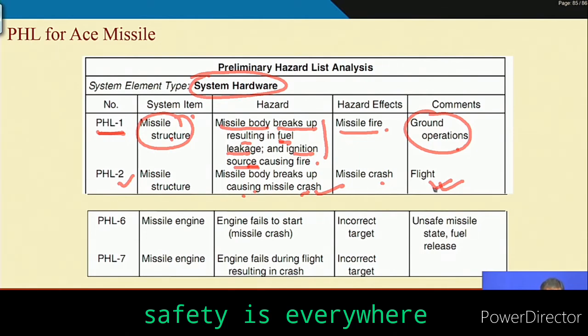In this manner, once you go from one hardware item to another, like missile engine, the engine fails to start, incorrect target, unsafe missile state and fuel release. The comment: missile engine fails during flight resulting in crash, incorrect target. So you have to prepare a list like this.